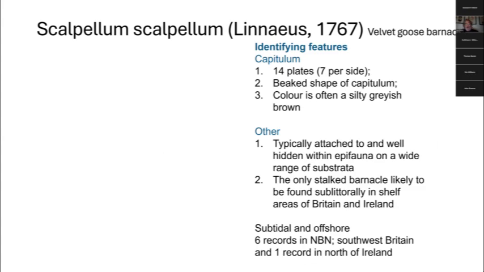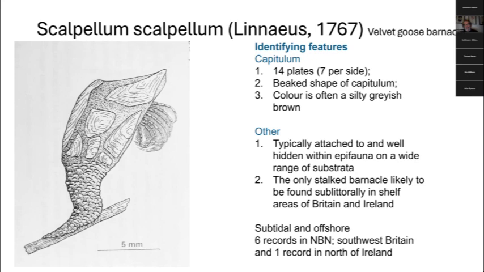So the first of the species that we're going to look at is this lovely animal, Scalpellum scalpellum, or the velvet goose barnacle. I think it's called velvet goose barnacle because of the texture that it has if you were to run your finger on it. It looks quite silty, quite velvety sometimes, on the occasions I've seen it.